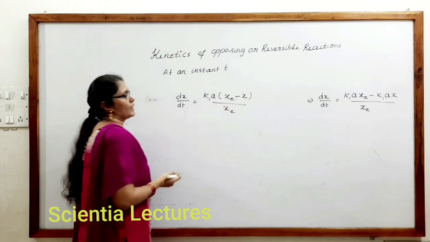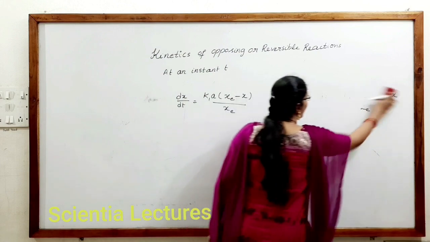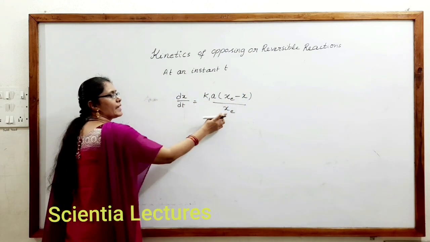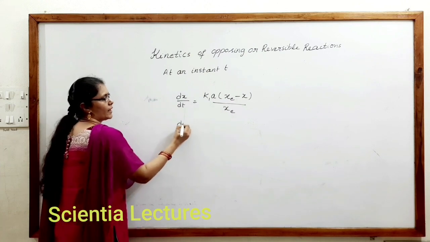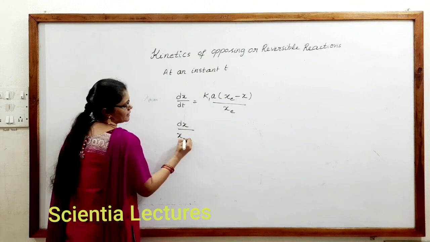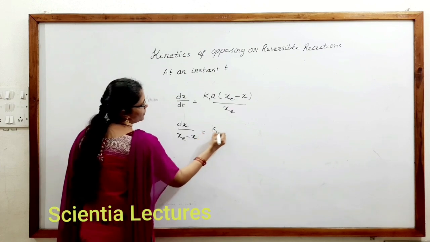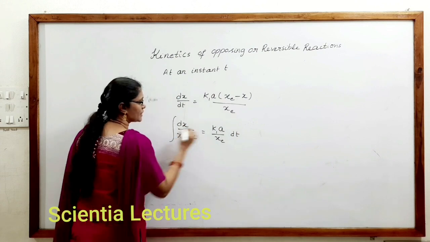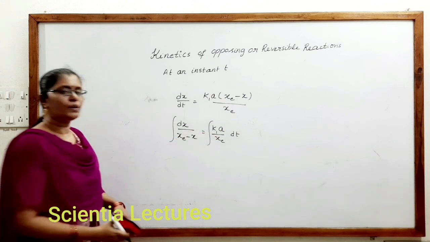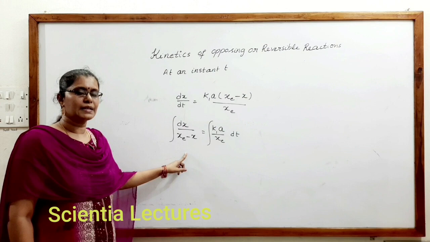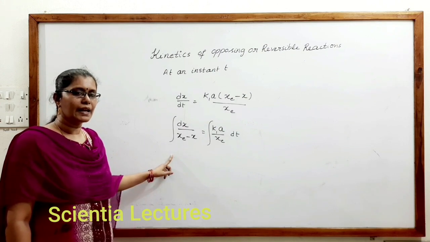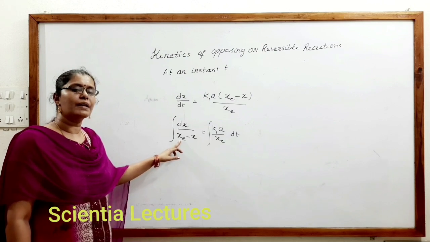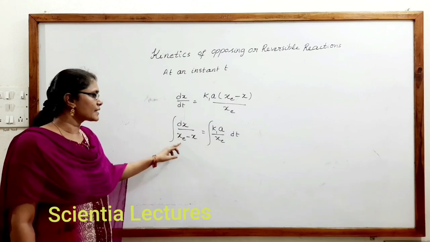Now taking variable separable method for integration, same variables on same side, K1 A by Xe is constant. So we get dx by (Xe minus X) must be equal to K1 A by Xe into dt, taking integration on both sides. Now do you remember, this dx by (Xe minus X) can be taken as minus ln (Xe minus X), same as we have already derived in a first order reaction, dx by (A minus X).